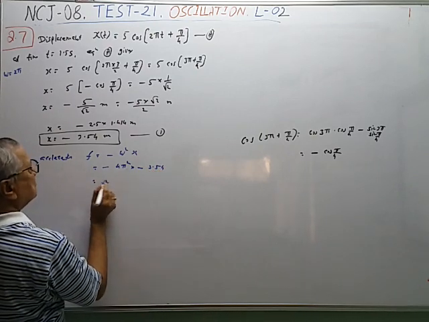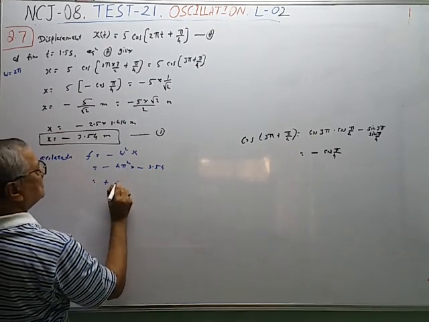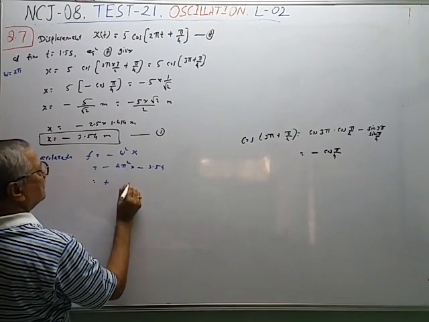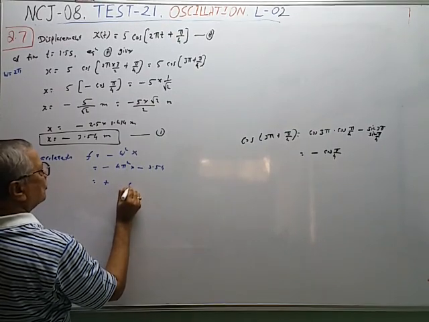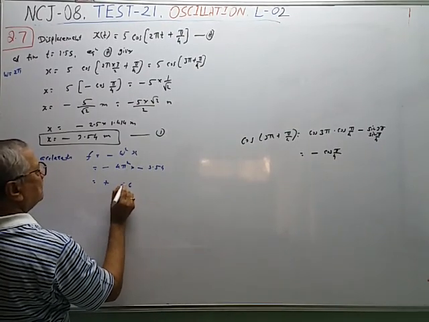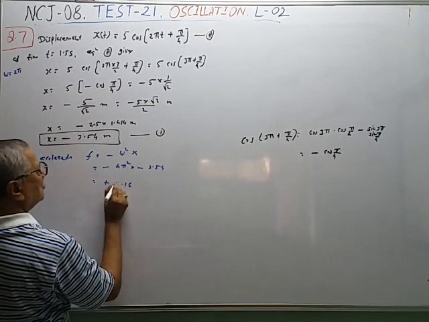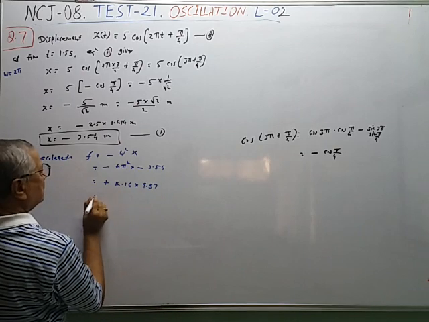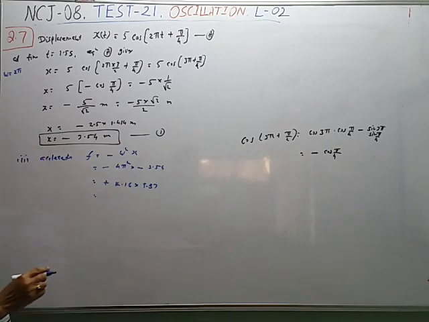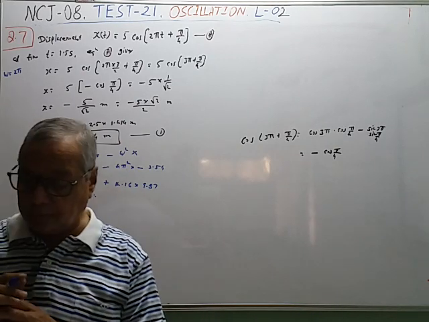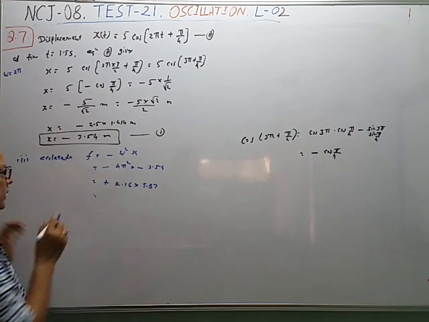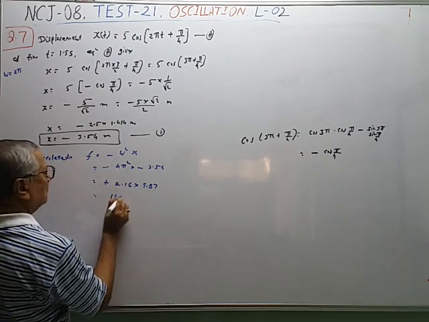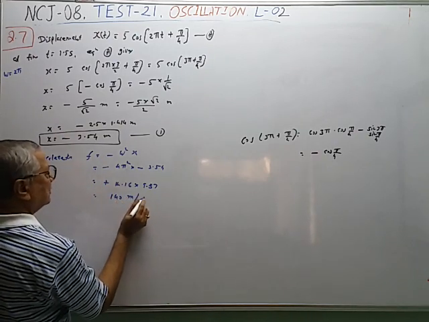So minus minus will become plus. So this is equal to 4 into 4, 16, multiplied by 9.87, nearly 10, multiplied by 3.54. So answer will be plus 140 meter per second square.